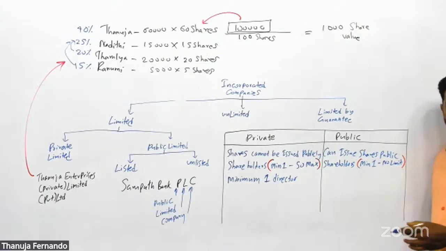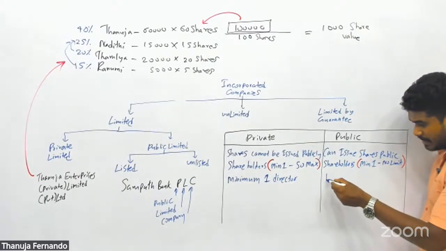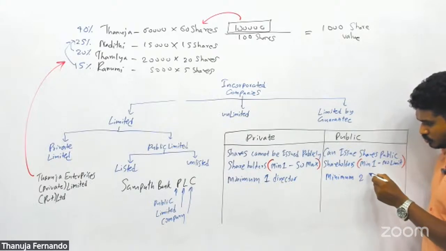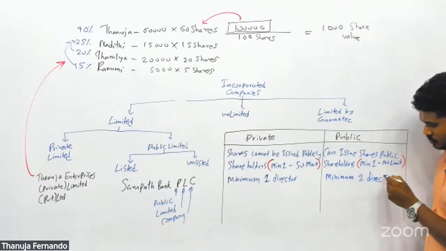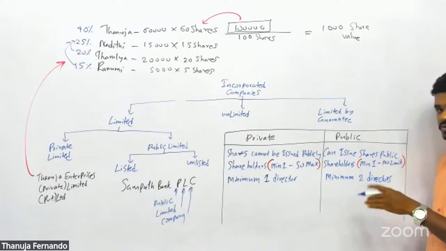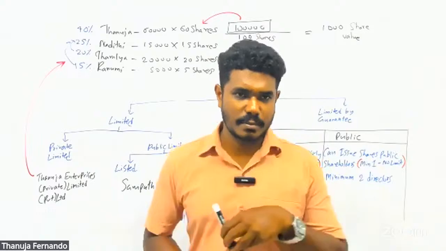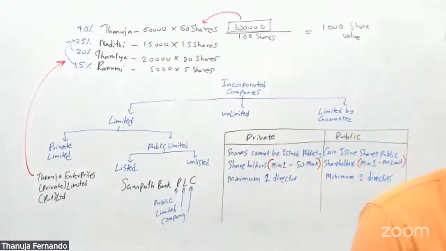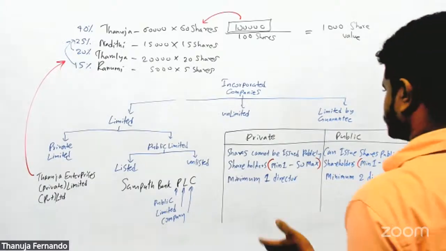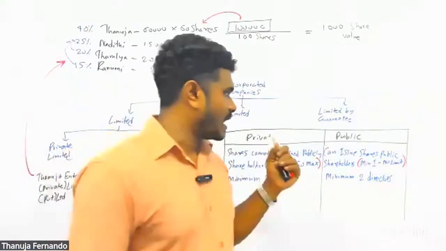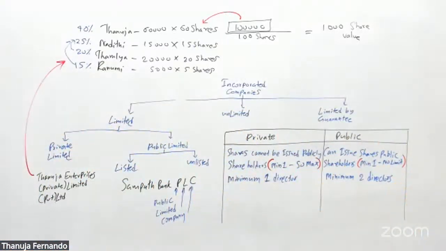But for public limited, they need a minimum of two directors onwards, right? So these are the main differences between private limited companies and public limited companies.